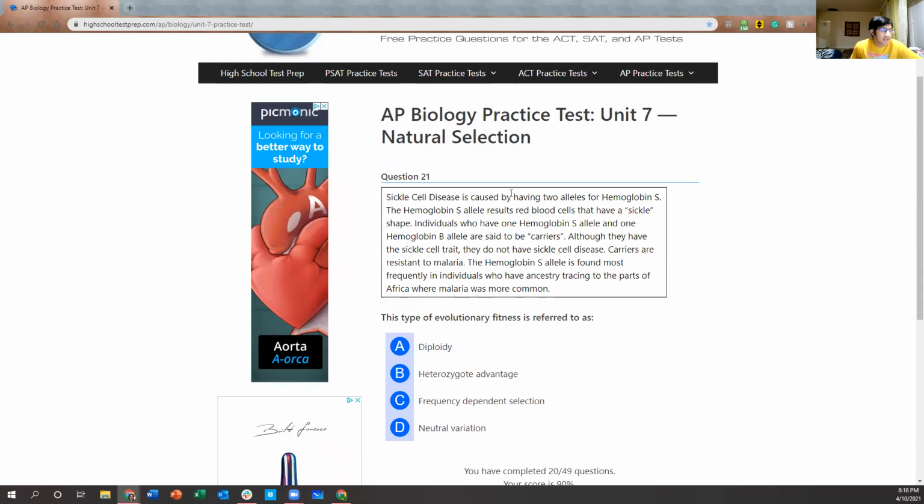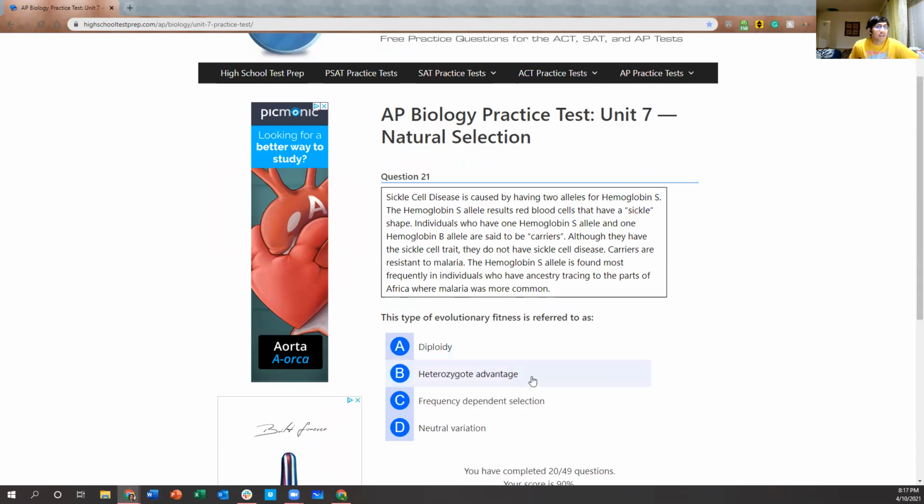Sickle cell disease is caused by having two alleles for hemoglobin S, and that results in a blood cell that has a sickle shape. Individuals who have one hemoglobin S allele and one hemoglobin B allele are said to be carriers. Although they have the sickle cell trait, they do not have sickle cell disease. Carriers are resistant to malaria. That's called heterozygote advantage.